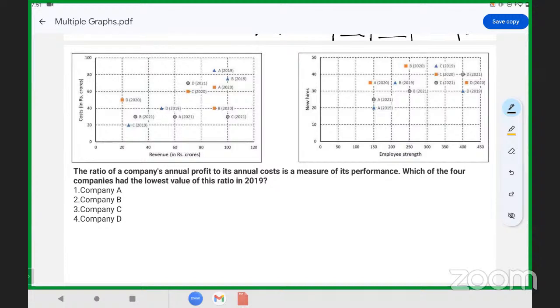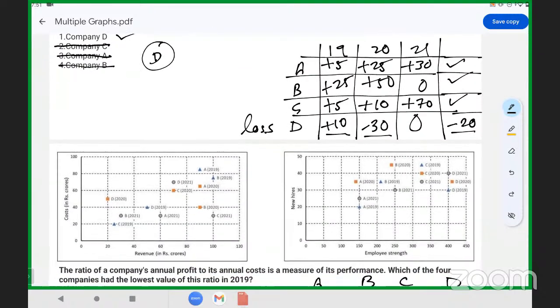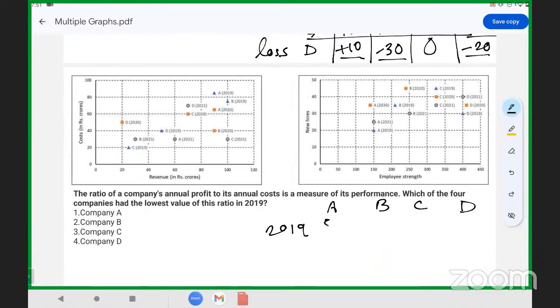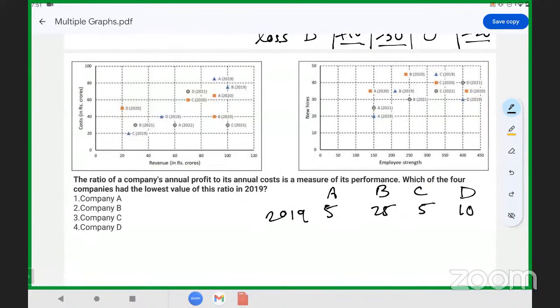So 2019, A, B, C, D. Okay, so annual profit for A, B, C, D in 2019 is 5, 25, 5 and 10. Okay, so upon its annual cost. So what was the annual cost? We have to just find out the annual cost.